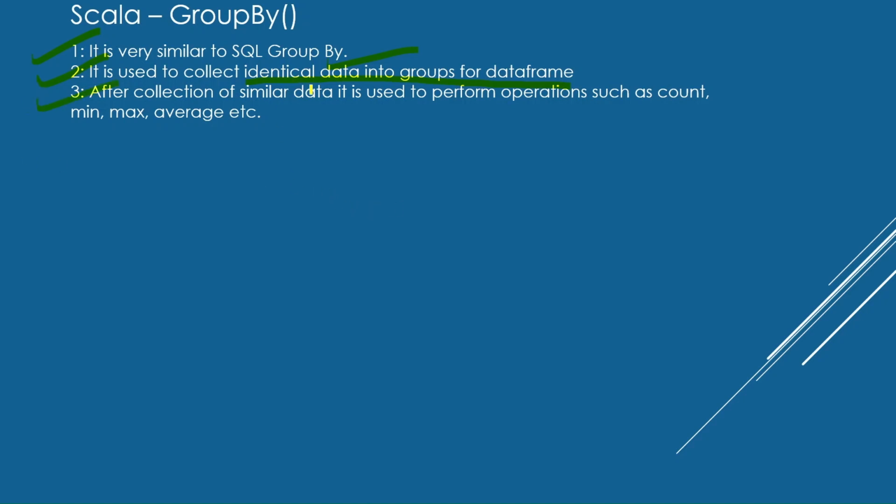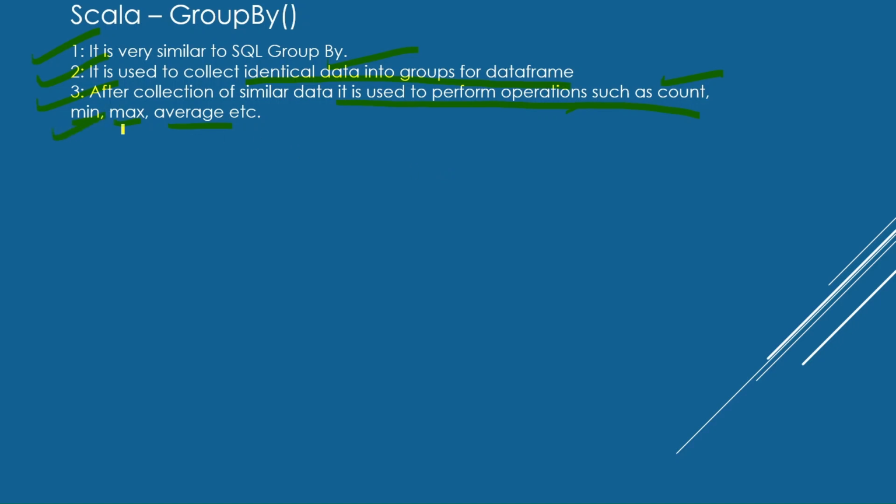After collection of similar data, it is used to perform operations such as count, mean, max, and average. So once we have created a collection of similar data, we can perform operations such as count. What is the count of records present in that particular collection?